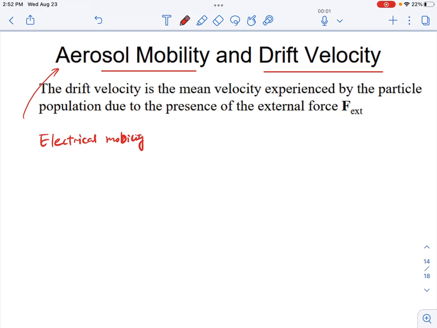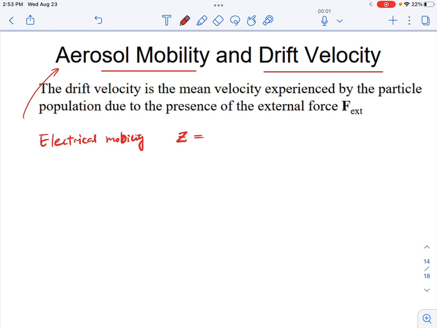People use the electrical mobility method to classify particles of different sizes, as I introduced earlier. People created the scanning mobility particle sizer to measure the particle mobility size and their concentrations as a function of mobility size.